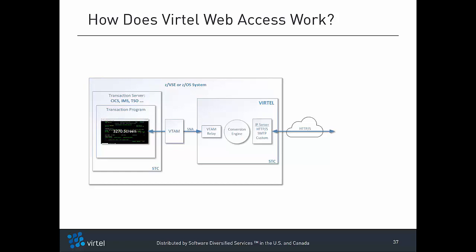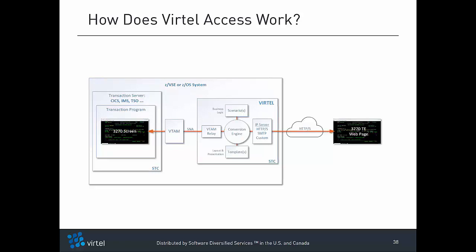Behind it is an IP server. Virtel can be fitted with several IP servers. With Virtel Web Access, it is an HTTP server, and it manages the HTTP connection with the client devices.